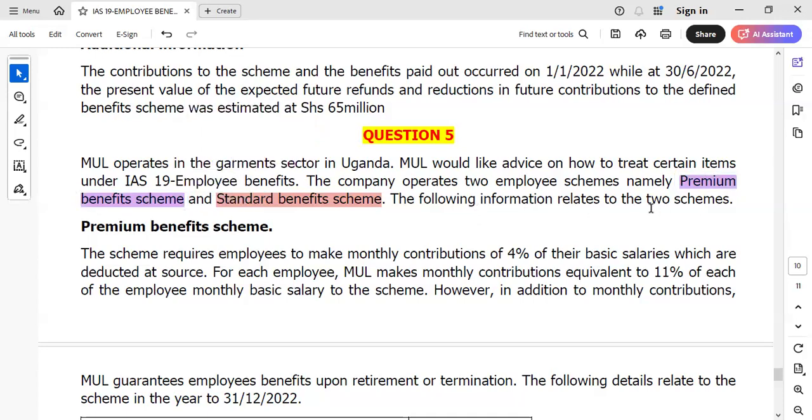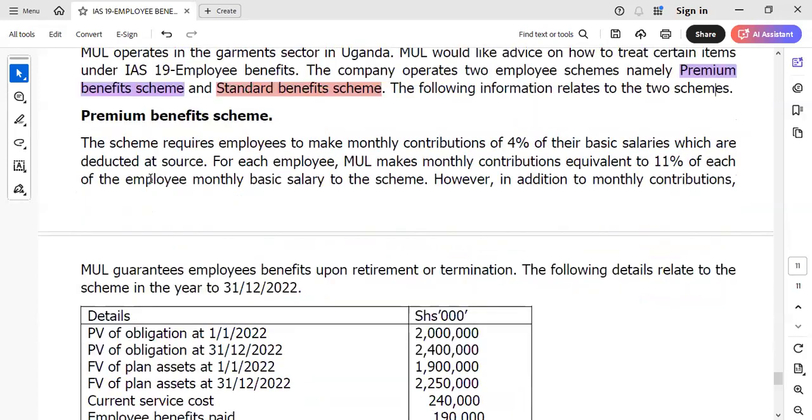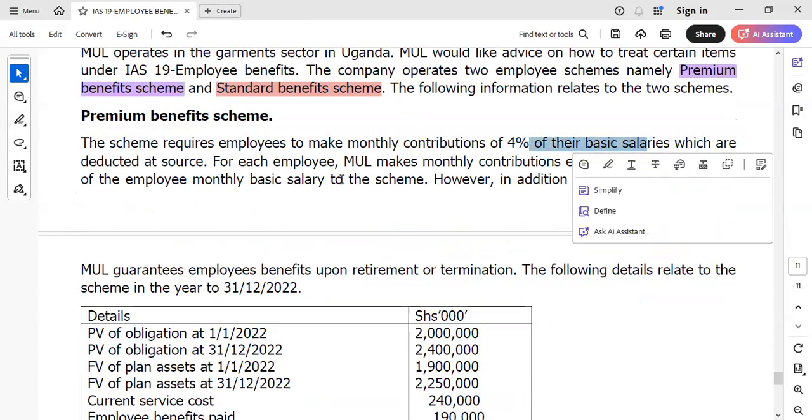The following information relates to the schemes. Now, scheme 1, premium benefit scheme. The scheme requires employees to make monthly contribution. Remember, now you want to differentiate between these 2 schemes. Here they are telling you this premium benefit scheme requires the employees, workers, to make monthly contribution of 4% of their basic salaries, which are deducted at source.